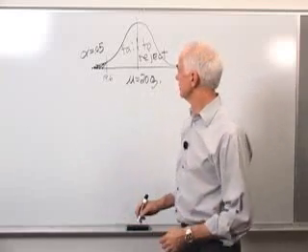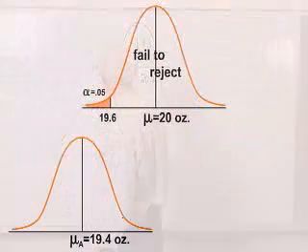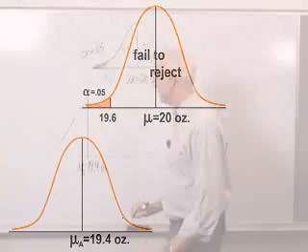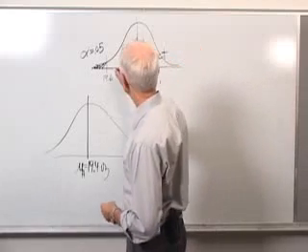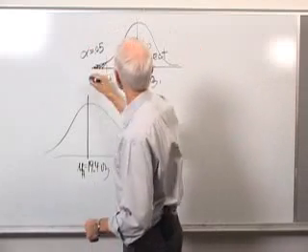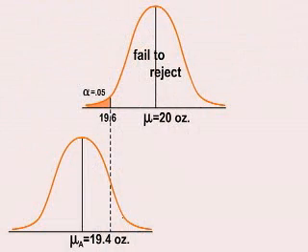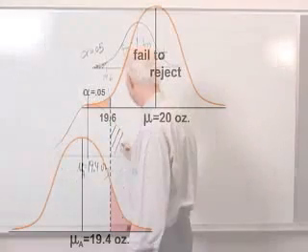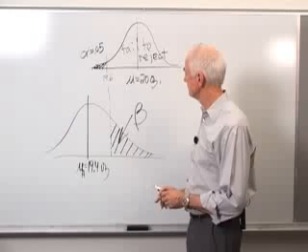As another example, suppose the company is not averaging 20 ounces, but they are actually averaging 19.4 ounces. Now, what would be the probability of committing a type 2 error? Well, again, we take our critical value from the assumed null hypothesis distribution. We dash it down into the second distribution. And when we hatch in this part back over here, this is our beta error, or our probability of type 2 error.